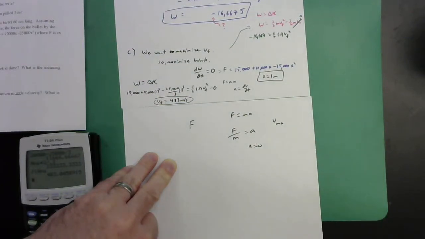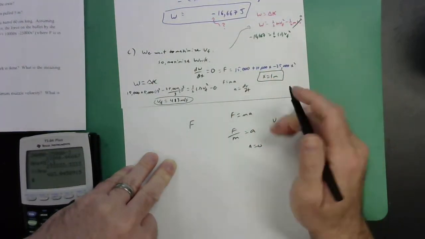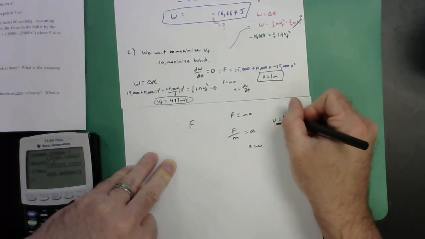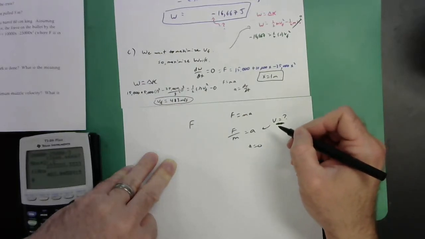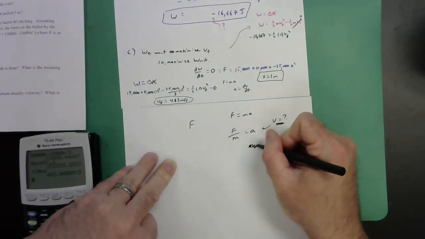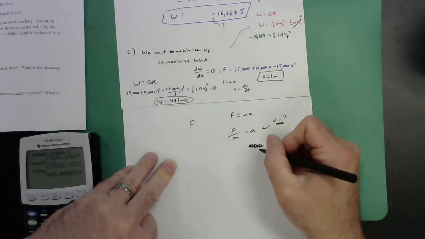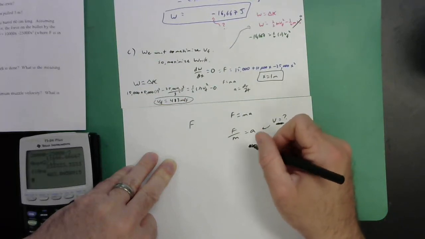Okay, here's what some people are looking at. They're going to try to get a velocity equation from the acceleration equation. I know you don't need to define the max, but let's just say they did that.